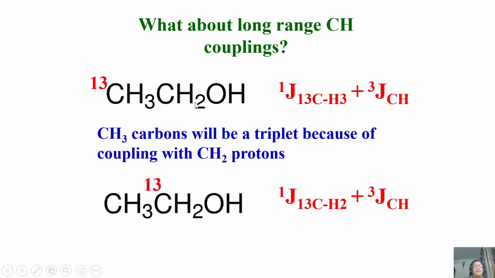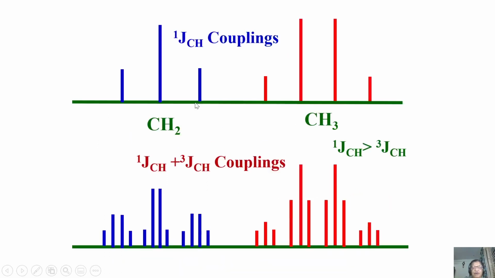It will be a quartet of triplets. That is the real spectrum you see. If a real carbon-13 spectrum is obtained, bringing in all protons coupled to all the carbons, it is a fully coupled carbon-13 spectrum. Assuming these long-range couplings are seen, the CH3 carbon is going to be a quartet of triplets.